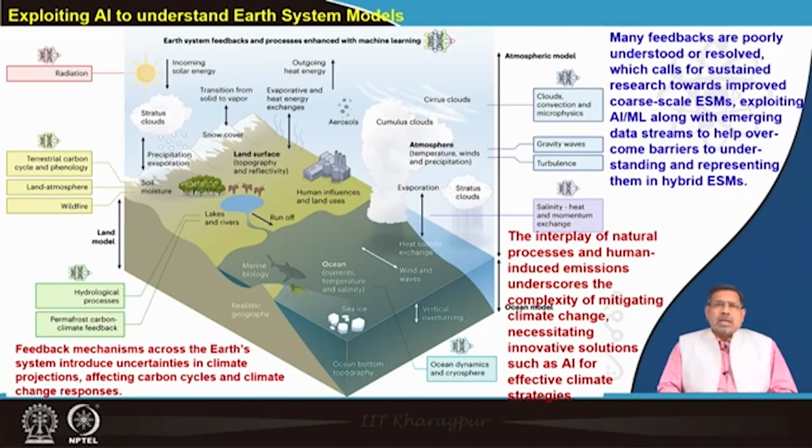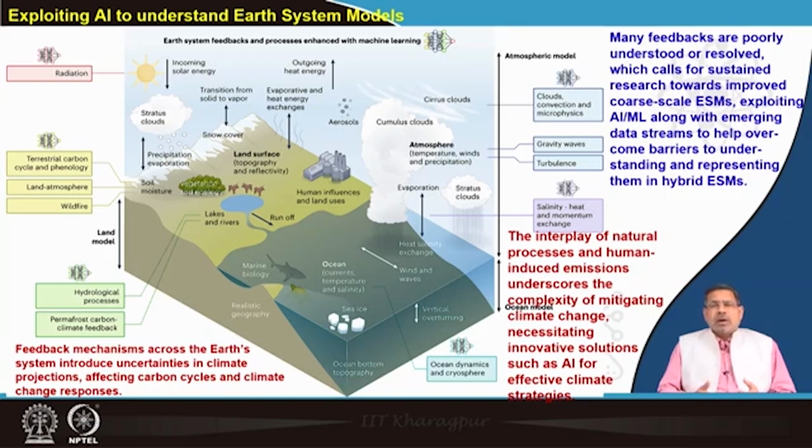So that means incoming solar radiation, the outgoing heat energy, and also the cloud system are represented in terms of various types of clouds and the atmosphere. So the Earth system represents various major activities in terms of structure and function to imitate the Earth in a digital space.